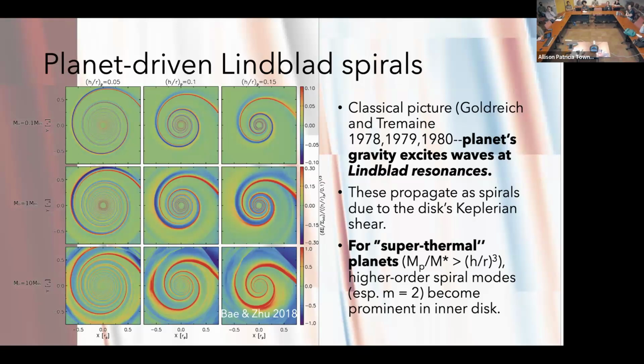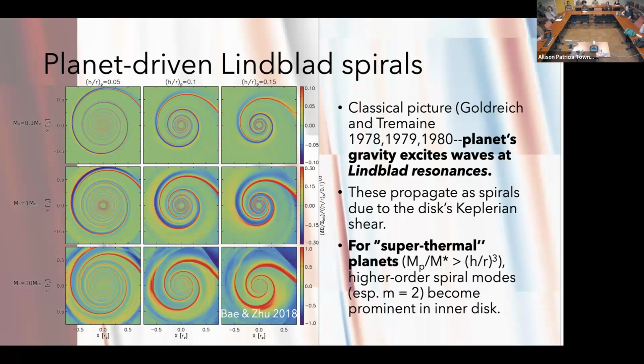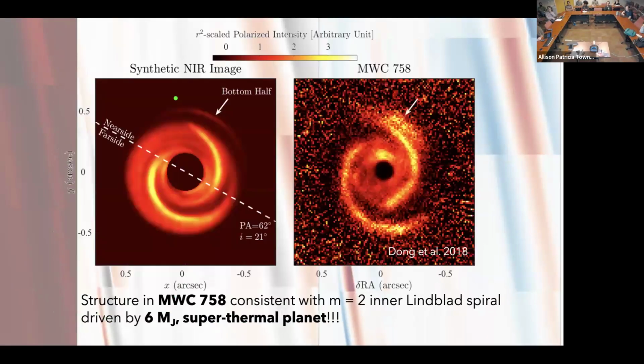If you have a very high mass planet, what's most prominent are these two-arm spirals, and in V1247 Ori, there's a very prominent two-arm spiral. So the theory went basically that what we see in systems like V1247 Ori and MWC758 is consistent with driving by some very large multi-Jupiter mass planet that can excite this strong secondary spiral in the inner disk.